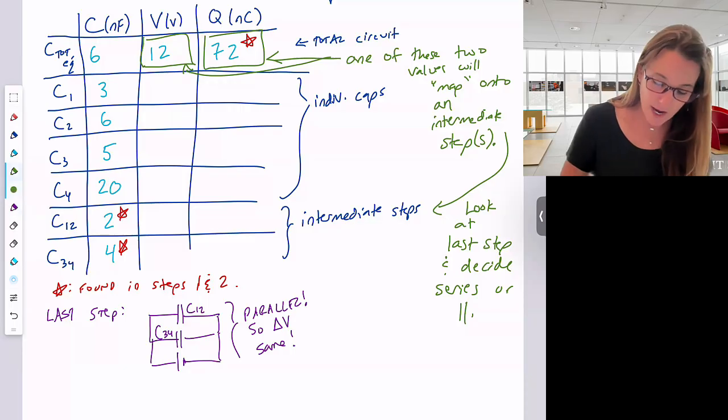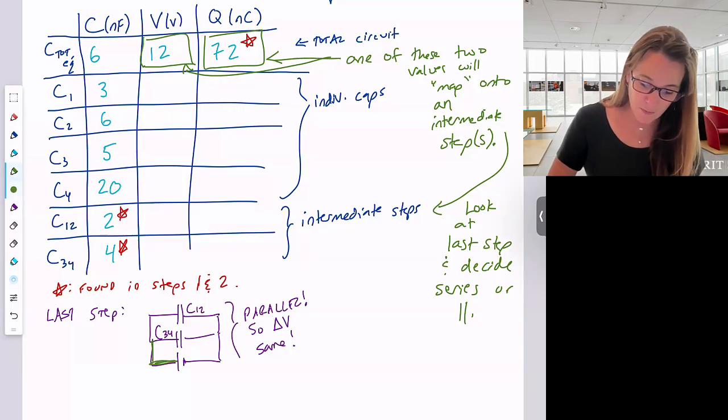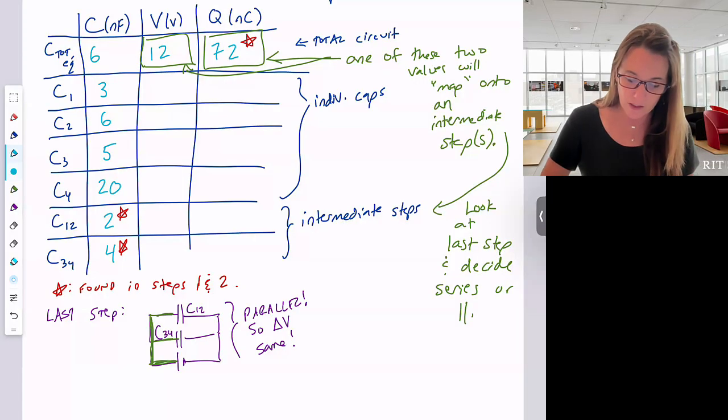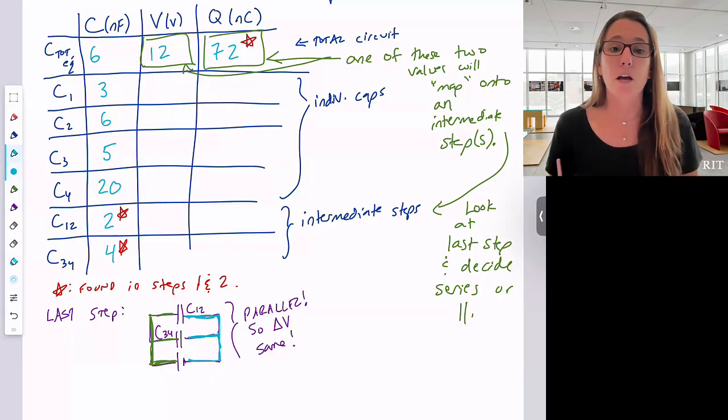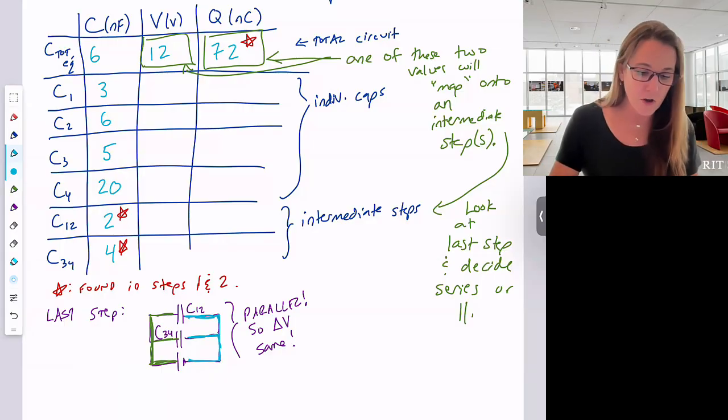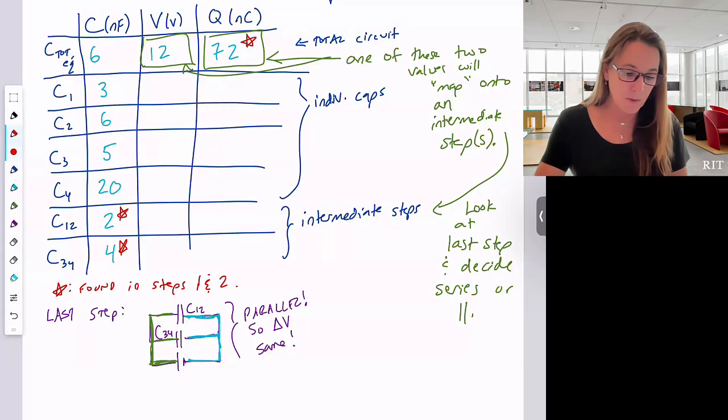We can imagine that all of the lines on the left-hand side are at the same potential, and all of the lines on the right are at the same potential as the right-hand side of the battery. And so all of those have the same potential.